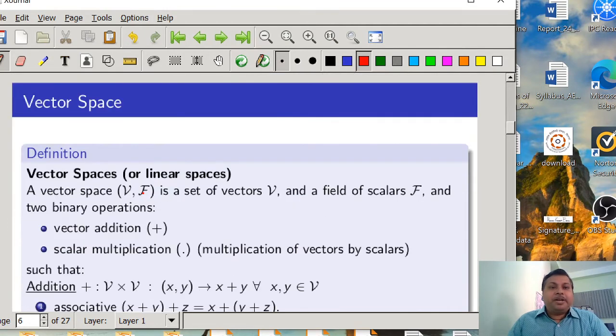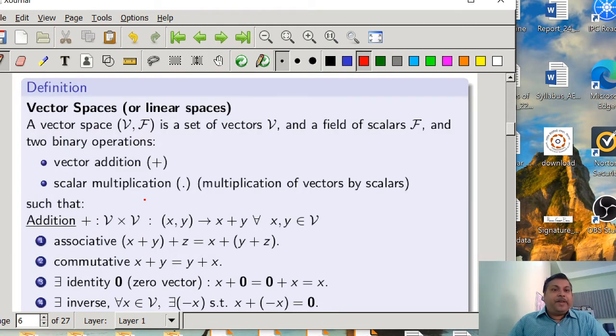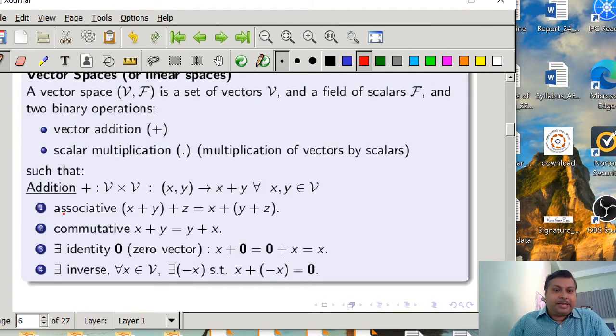Now we are ready to define the vector space. A vector space or linear space, denoted V comma F, means that the vector space V over the field F consists of a set of vectors V, a field of scalars F, and two binary operations, vector addition and scalar multiplication, such that addition is closed.